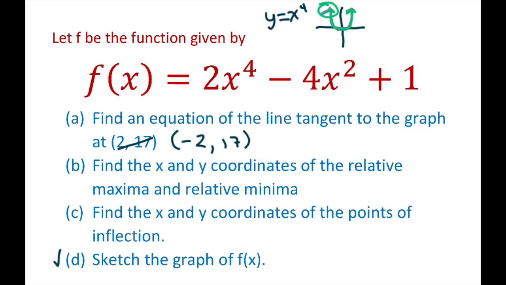So let's get started. We need the equation of the line tangent to the graph at this point here. In order to find the equation of the tangent line, we need to take the derivative of the function.